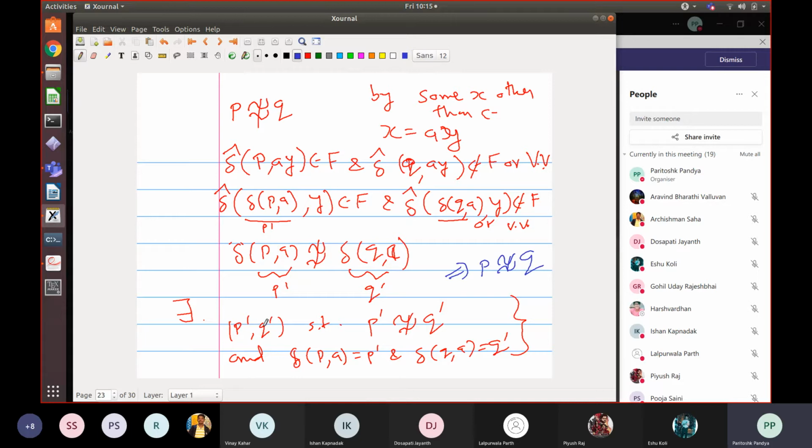Suppose there exists a pair P prime, Q prime such that they are not equivalent. And you also have this pair of states P, Q such that from P on an A you go to P prime, and from Q on an A you go to Q prime. Then I claim that P is also not equivalent to Q. Can anybody justify this?